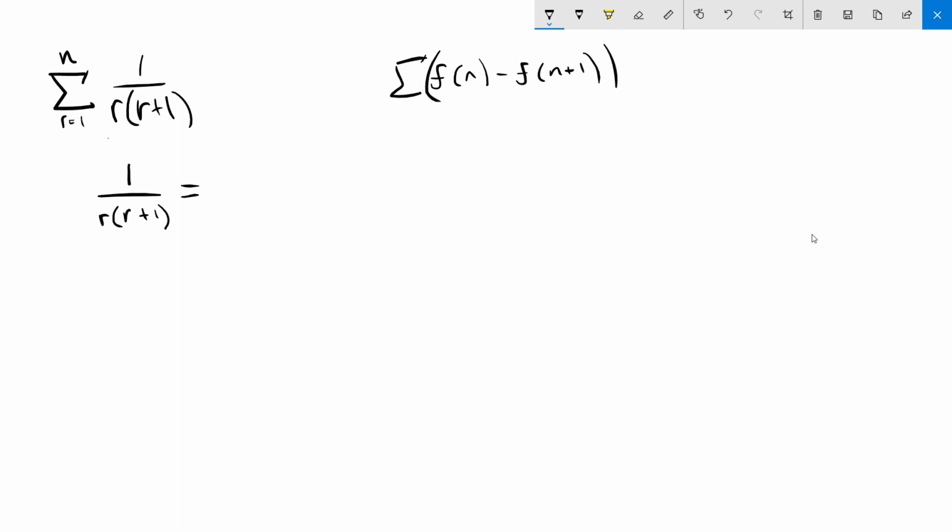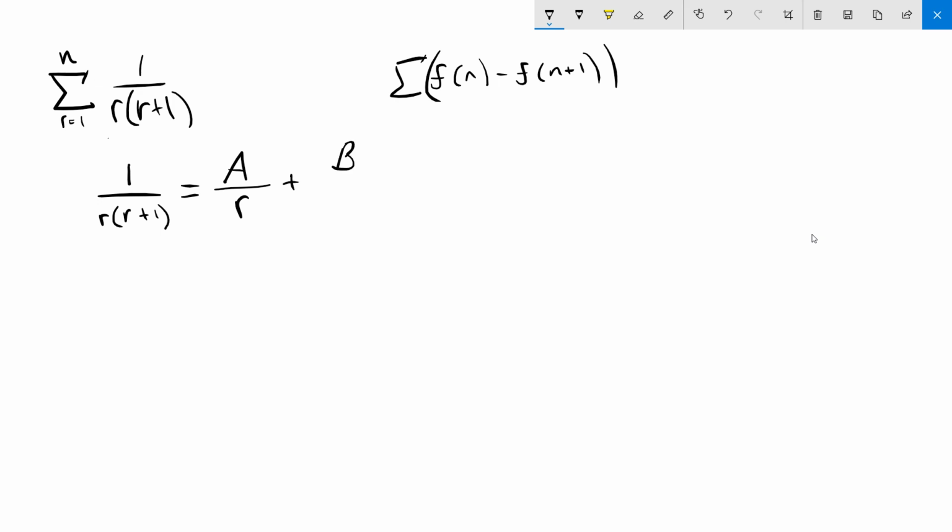Because we know the whole point of partial fraction decomposition was taking a fraction where on the bottom we had a product of two linear factors, or actually in some cases some quadratic factors, and we separated them into two fractions that are either being added together or subtracted together. And our method for doing that was by saying, well, if this can be subdivided into two separate fractions, then they have to have denominators r and r plus 1 respectively.